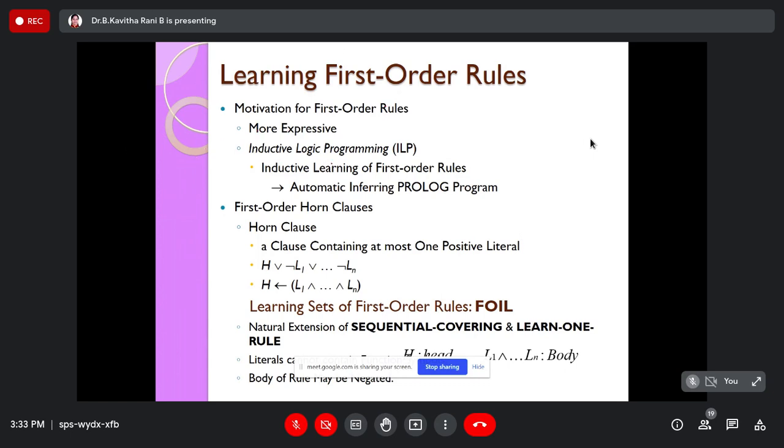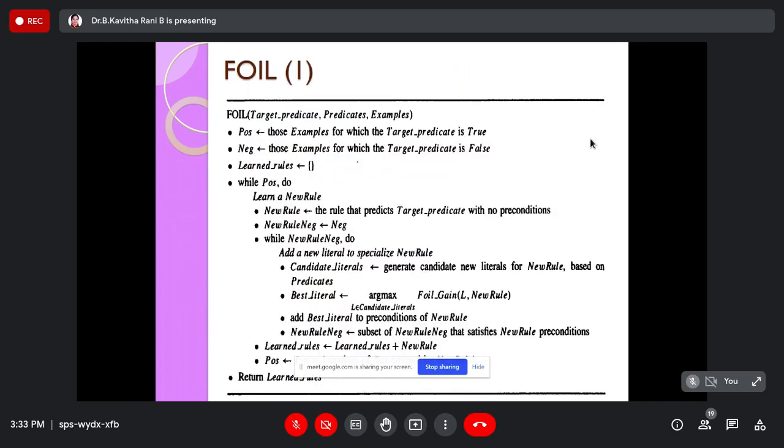Here in FOIL, two loops are provided: one is the outer loop and the other is the inner loop. In the outer loop, it works just like the sequential covering algorithm.